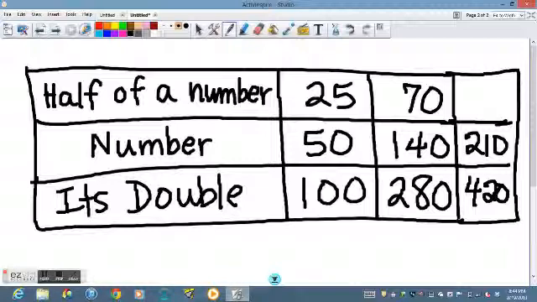Alright, so how do we figure out what half of 210 is? Well, if I think about 200, half of 200 is 100, and then there's 10 more, so half of that 10 is 5. So half of 210 would be 105. Alright, so you need to be able to do that, and you'll have one of those to do for your homework.